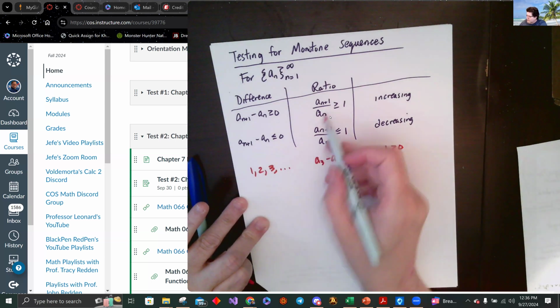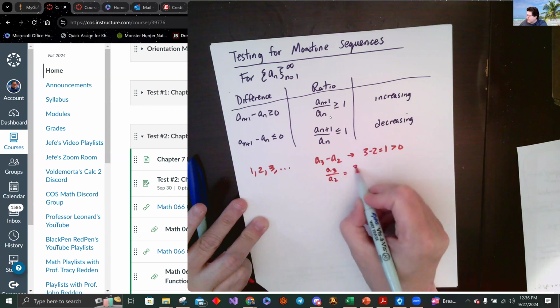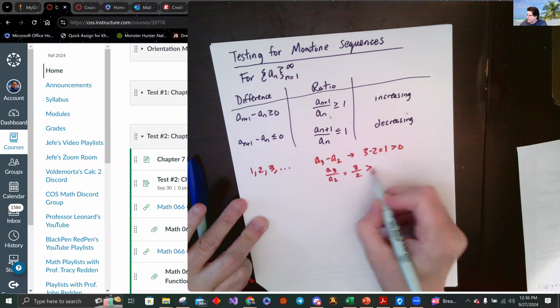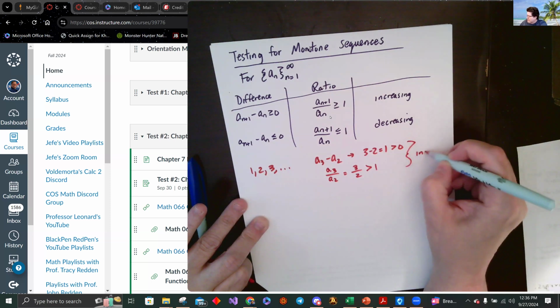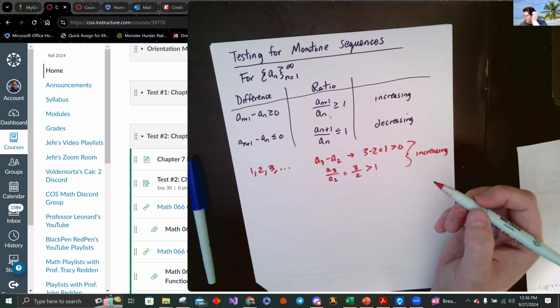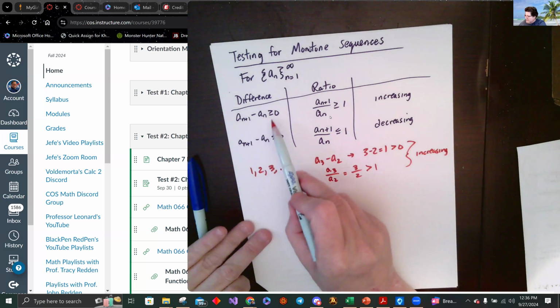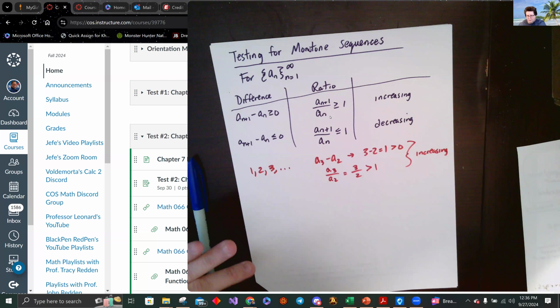Or if I do the ratio test for these, a sub 3 over a sub 2 is 3 over 2. That's greater than 1. And so these both show increasing. That's the pattern for finding increasing. The trick is just using this to remember what the sign is. These quick little checks can help you remember the sign.